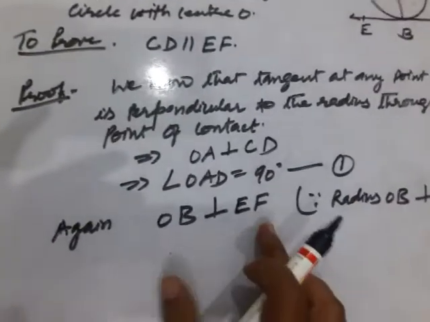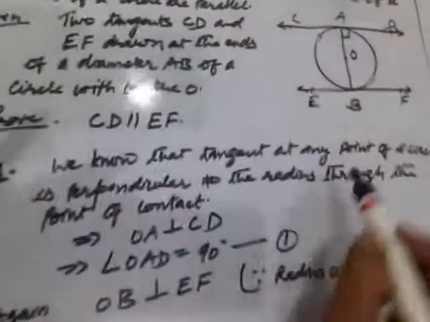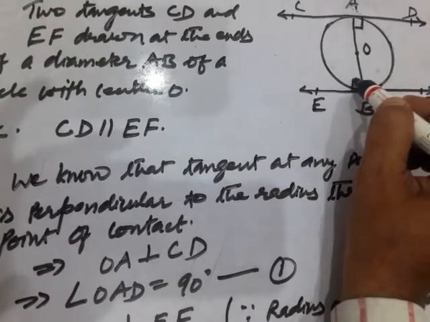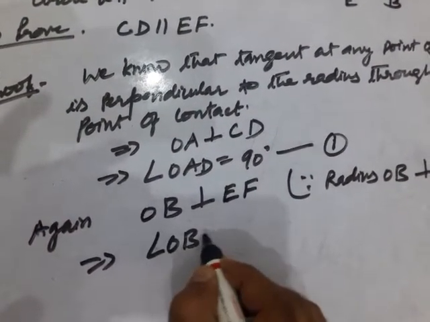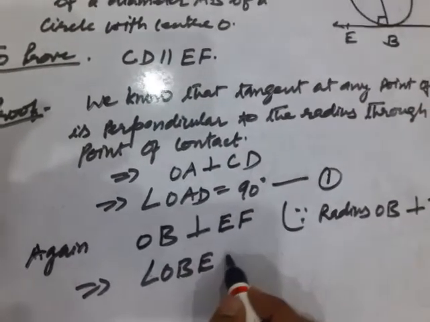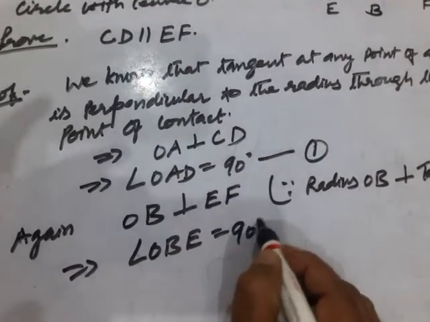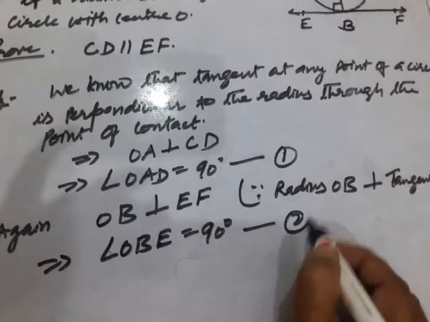Clear, children? So this implies that angle OBE is equal to 90 degrees. Clear? That is equation number 2.